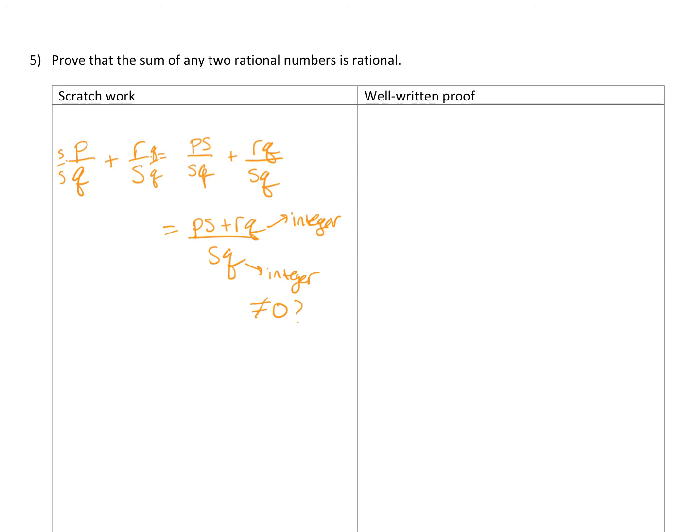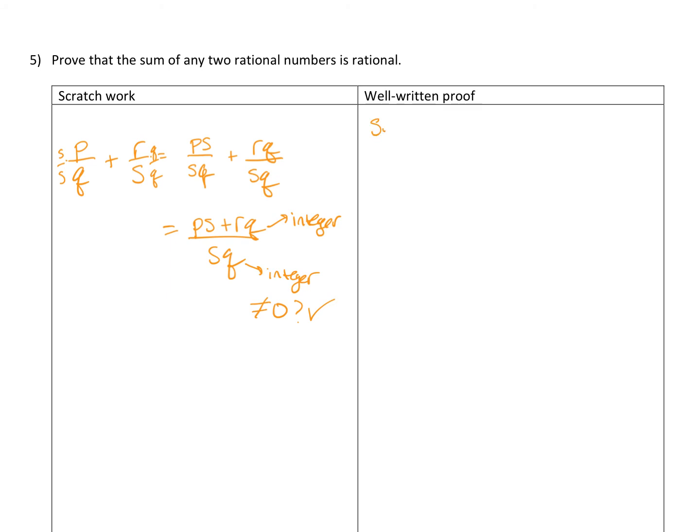So is sq not zero? I wrote p over q and r over s as rational numbers, which means neither q nor s could be zero, right? Which means that sq could not be zero. Okay, so I think I've shown it. Now I just have to write it out very formally.